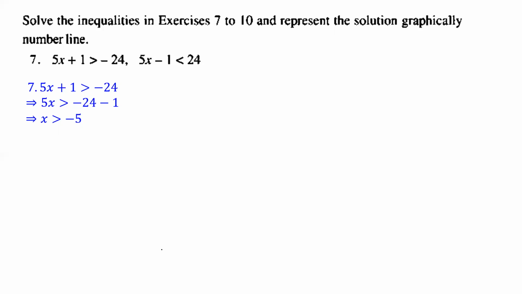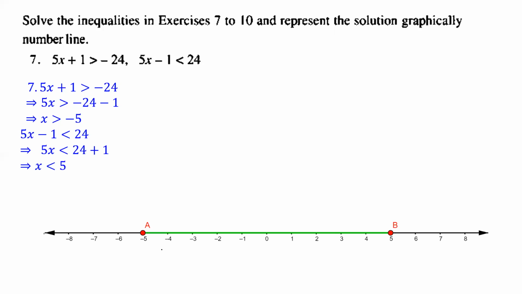Now the second one is 5x minus 1 less than 24. Now 5x is less than 24 plus 1. Simplify it, and you will find x is less than 5. So x is greater than minus 5 and x is less than 5. It means we will take those values present in this open interval minus 5 to 5.